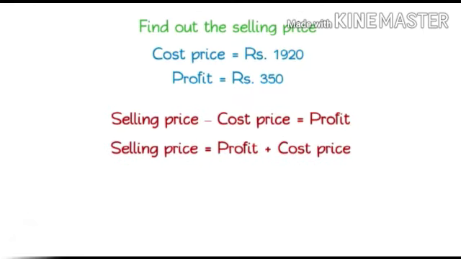Selling price is equal to profit plus cost price. We put in the values to get the answer. Therefore, selling price is equal to 350 plus 1920, which is equal to 2270.